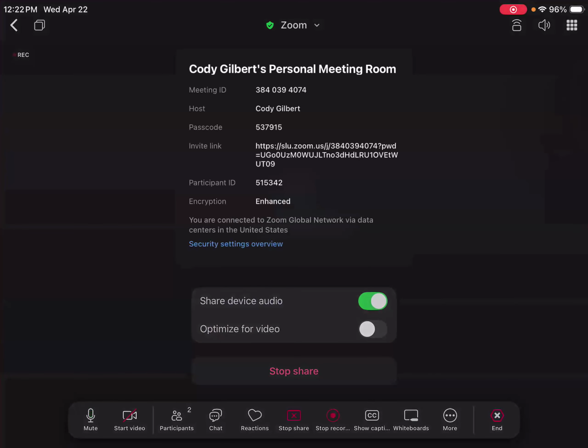I do want to go through this now just because I like doing everything in the correct sequence. So I'm going to try. I'm just going to join the Zoom meeting that this is currently on, and then share screen. I think that should be fine, and I don't think it'll take very long. This is 537-915.